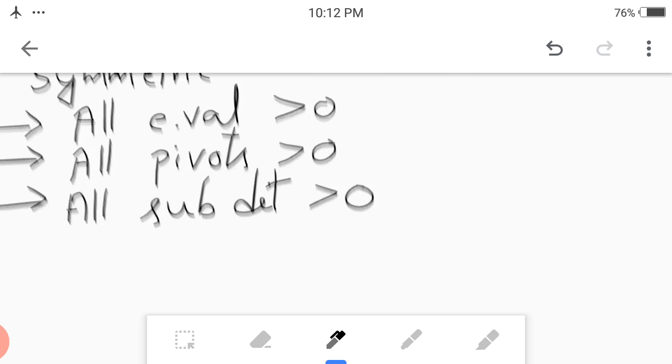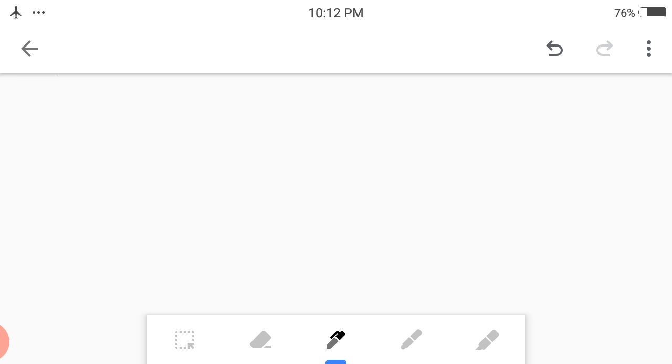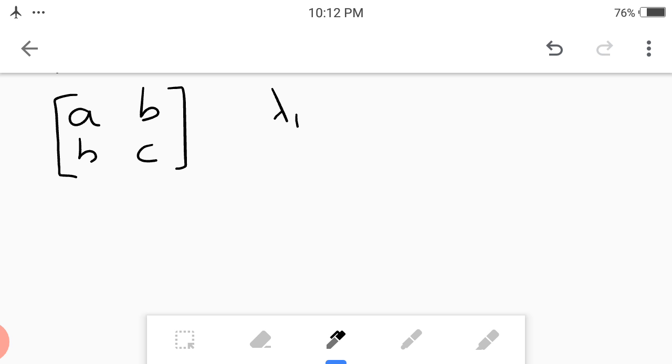So let's take a small example of a 2 cross 2 matrix [A, B; B, C]. You can observe it's a symmetric matrix. So what does the first point say? Lambda 1 and lambda 2 have to be greater than 0. What about the second point? The pivots, right?